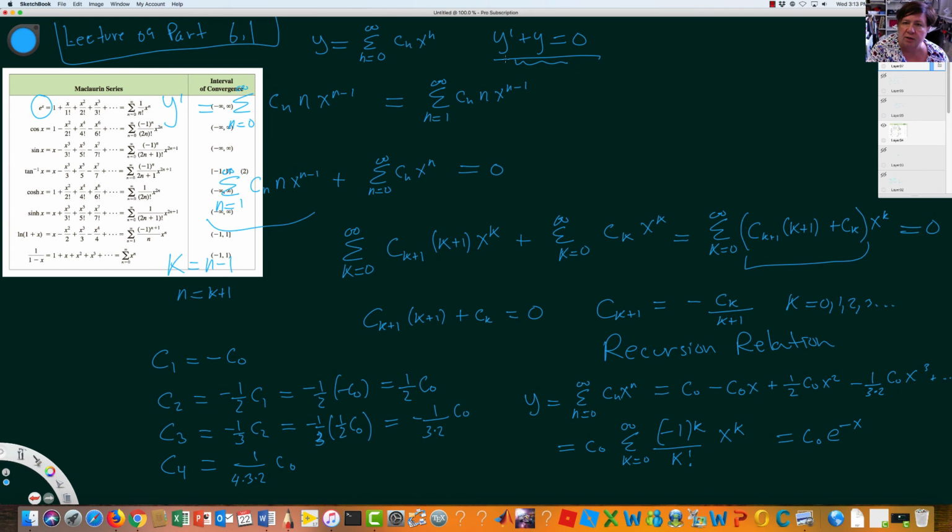If you go through and substitute e to the mx in here, you'll get that the solution is e to the minus x. So we just verified that that's what it is. Okay, obviously you didn't need a series solution to solve that equation, but this is the spirit of what we're going to be doing in section 2 and the rest of chapter 6.